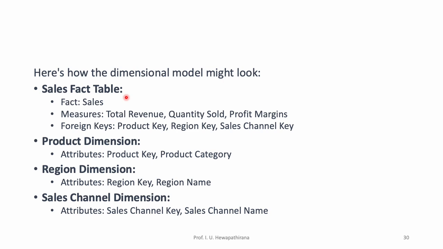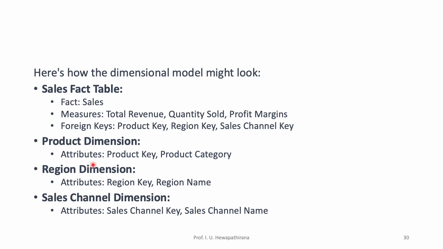Based on this business scenario, we are going to have a sales fact table, and the numerical measures are total revenue, quantity sold, and profit margins. This fact table will be connected to the product, region, and sales channel dimensions. The foreign keys will also be included in the fact table: the product key, region key, and sales channel key.